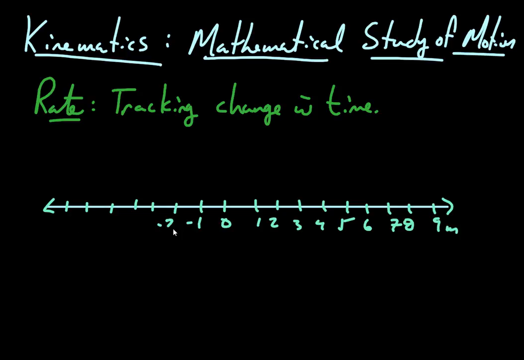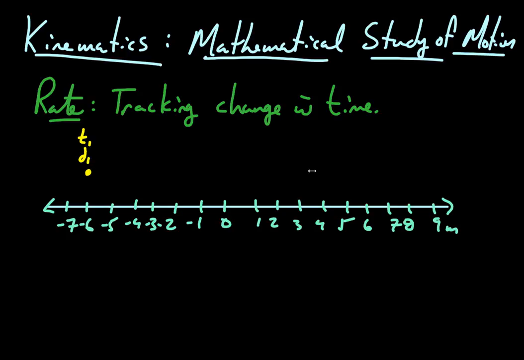And we know going to the left on this type of setup, it's going to be negative. Okay, so now what we can do is place an object, put some position on here, and we could say that this happens at time 1, and we'll call this position 1, D1.